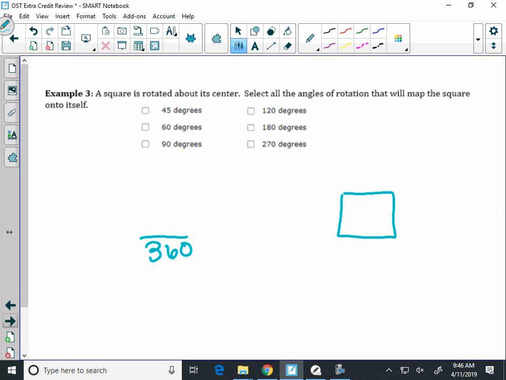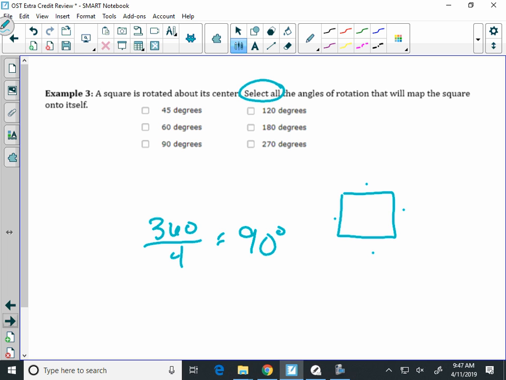Because we're doing a full circle, 360 degrees, and a square is a regular figure, you take however many sides it has, so that's 4 sides, and you do 360 divided by 4, which is 90 degrees. So every single 90-degree turn will map the square onto itself.